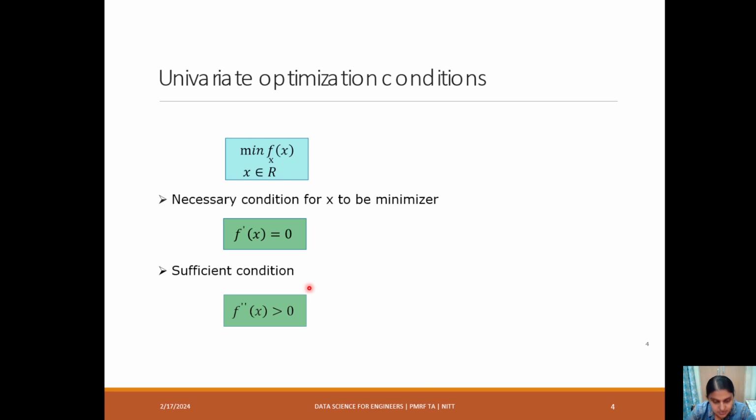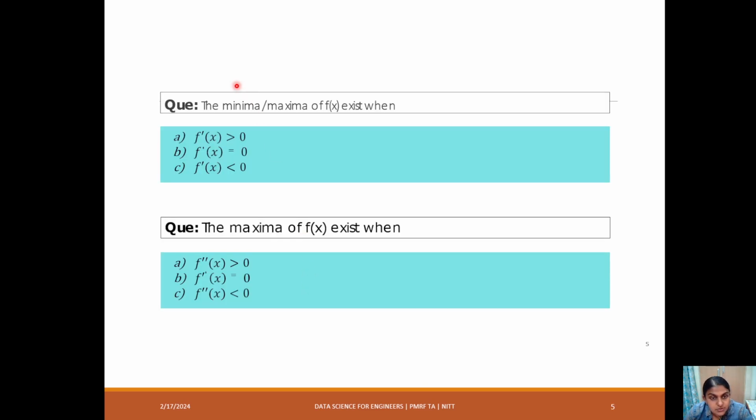Then sometimes in the questions you might get a maximization problem also. In that case you have to check that f double dash of x should be less than 0. So the minima or maxima of f of x exist when the first derivative, according to the necessary condition, f dash of x equal to 0, that is the answer.